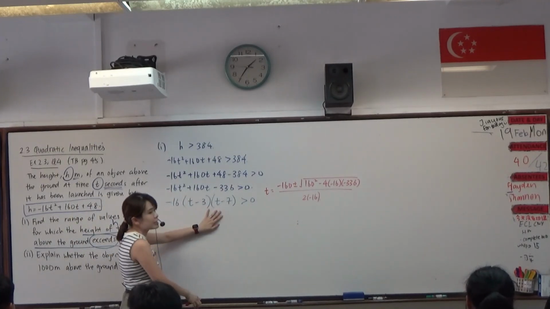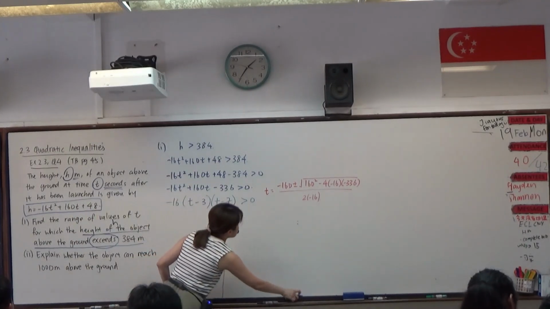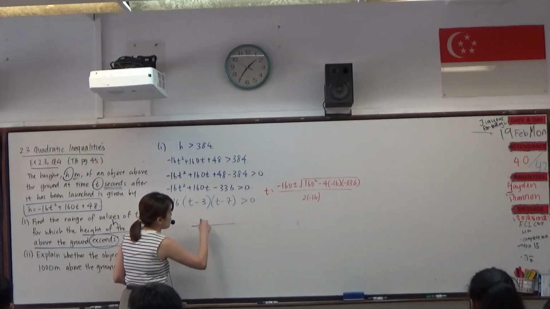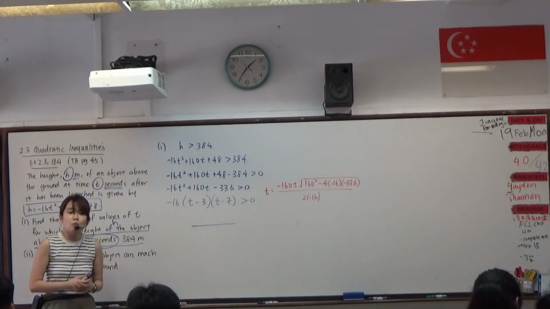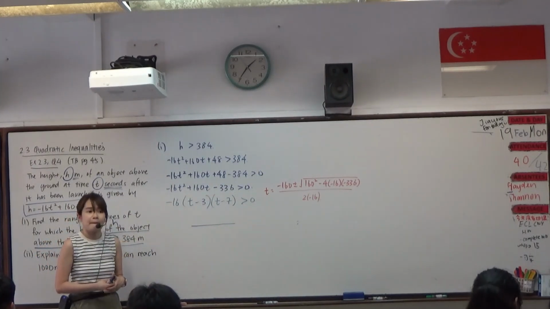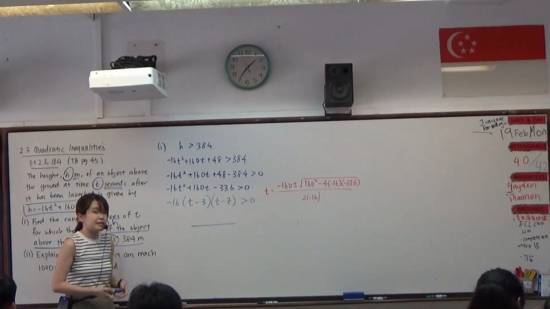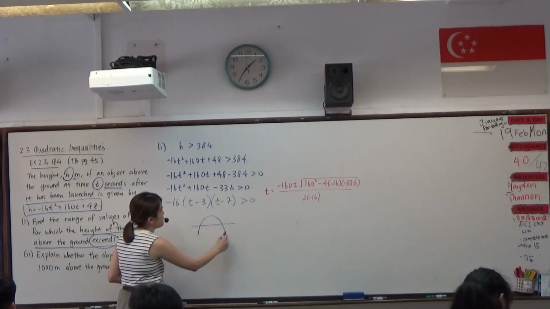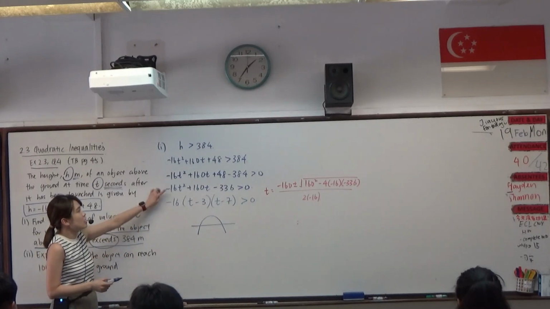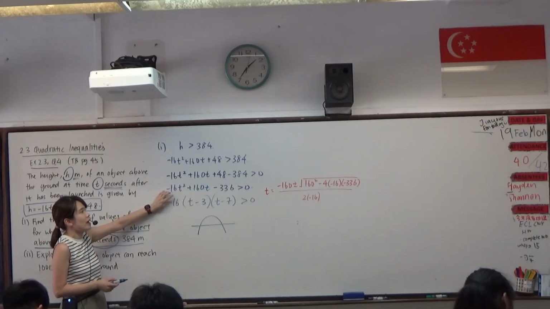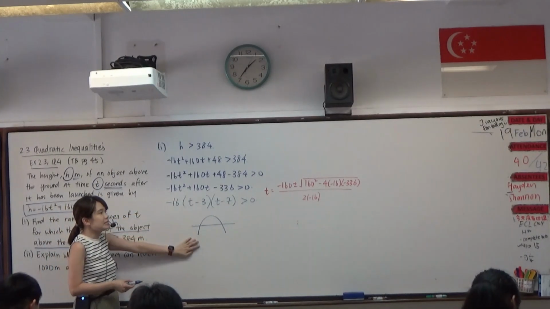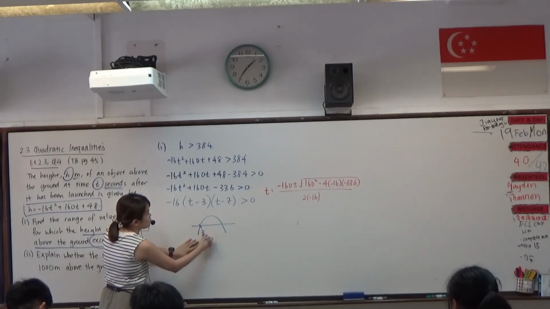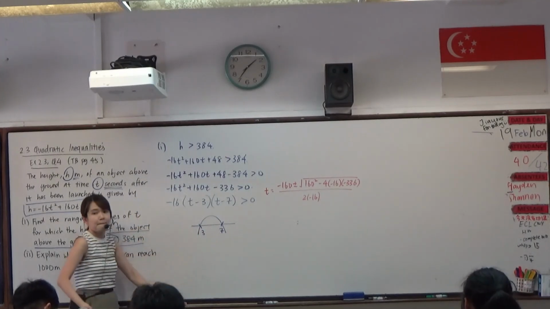because both will lead you to be able to draw your graph in what shape? It should be a sad face in this particular case, because the coefficient of your t squared is negative. So it must be in this shape such that over here is 3 and over here is 7.